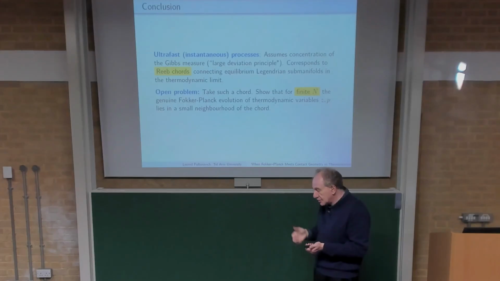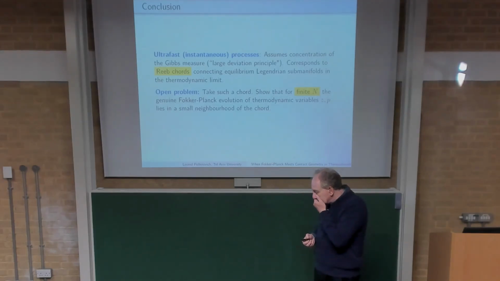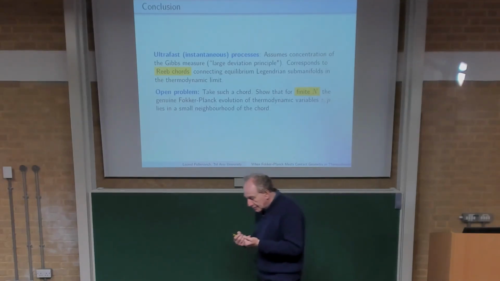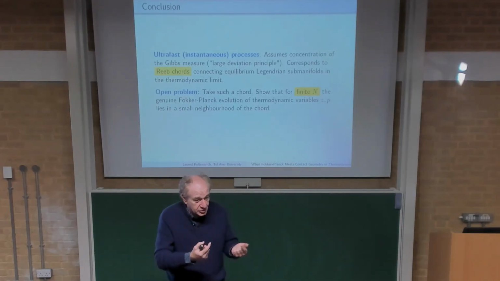So there is an extra difficulty: for finite n, your space is a finite set of points, so your Fokker-Planck will be a difference equation. Yes, you can view it as a discretization of the limit, or vice versa, you can view the limit as the limit of discrete systems.